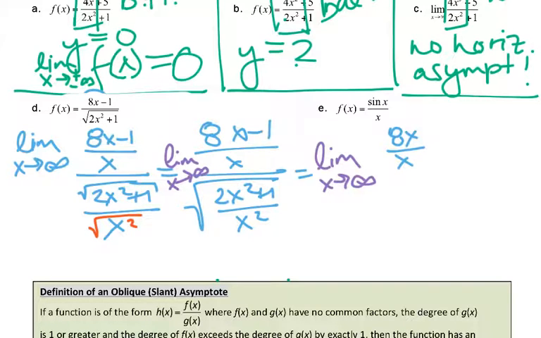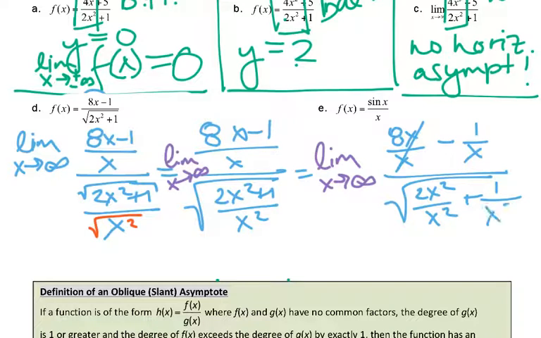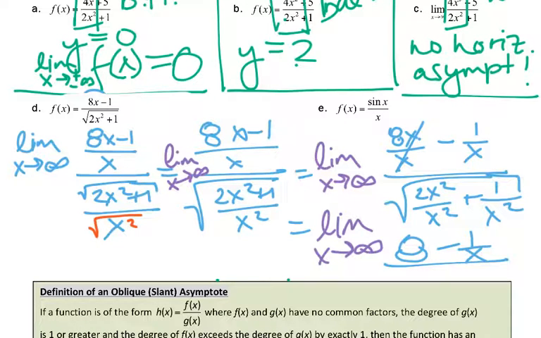And 8x over x would just simplify to 8, and then minus 1 over x, all divided by the square root, 2x squared over x squared, plus 1 over x squared, which gives us the limit as x goes to infinity of, well, we said 8x divided by x is just 8, minus 1 over x divided by the square root of 2 plus 1 over x squared.